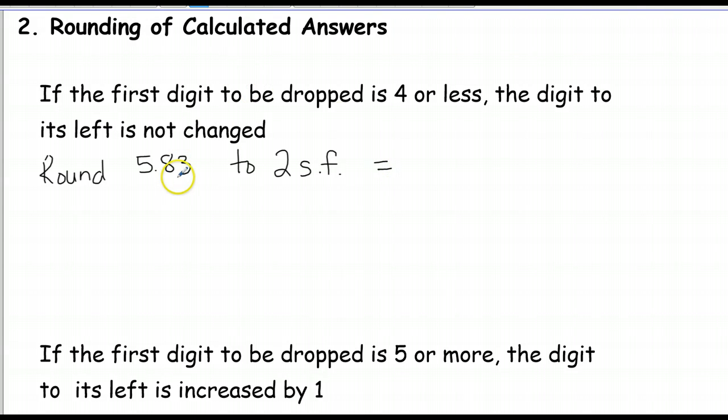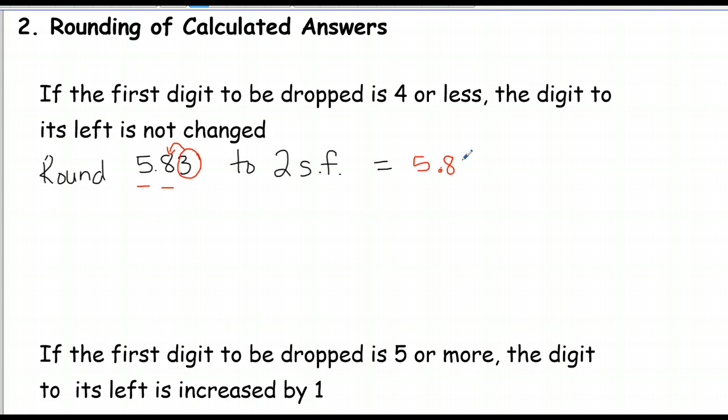So what you do is you decide, we want 2 significant figures. This one's significant and this one's significant. So we want it to end here. And where you decide it's going to end, you only look one spot to its right. Okay, and if the first digit after where you're ending is 4 or less, the digit to its left is not changed, it stays the same. So our answer would be 5.8.